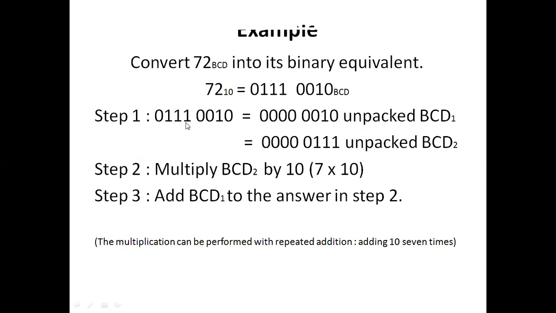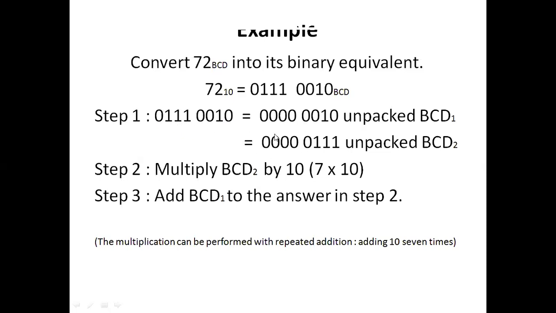When masking of the most significant nibble is done, the result will be 0, 0, 0, 0, 0, 1, 0, so that we are extracting 2 from that. So this is equivalent to 2 decimal. And similarly, extracting this 7, masking these bits, it will give 0, 0, 0 and 0.